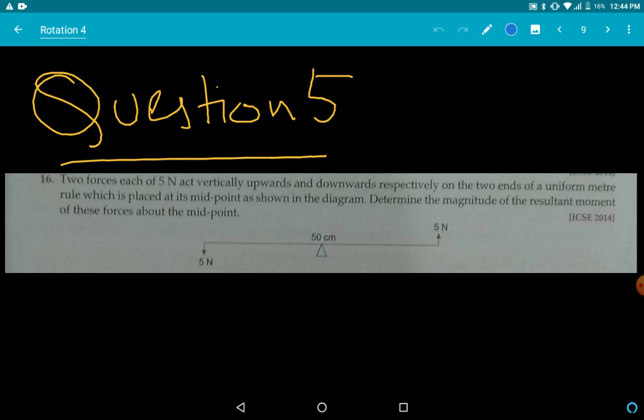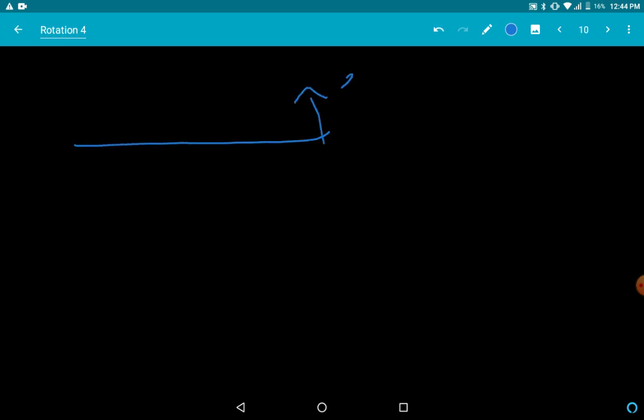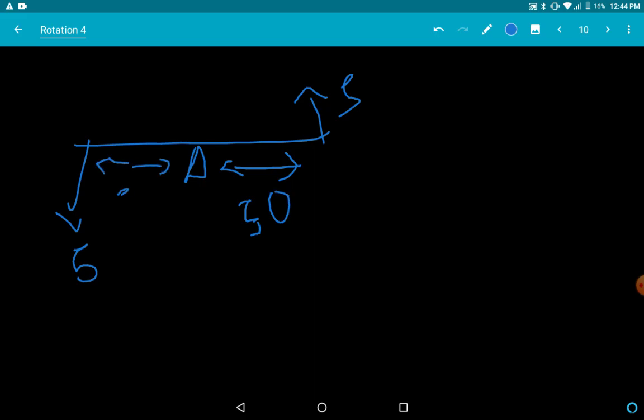The two forces, each of 5 Newton, act vertically upwards and downwards respectively on the two ends of a uniform meter scale which is pivoted at its midpoint. Determine the magnitude of the resultant moment of this force. See, this is 5 Newton, this is 5 Newton, and the pivot at the midpoint. So this has distance 50 and this has distance 50.